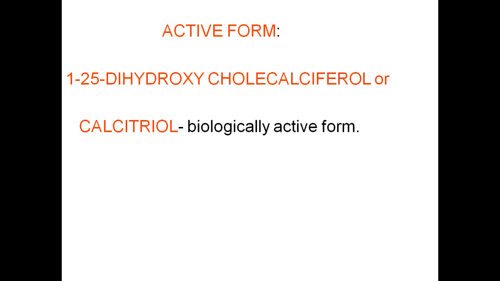Triol means three alcohol groups, three OH groups, are present in this cholecalciferol. So this is also called calcitriol. It is also called vitamin D3, cholecalciferol and calcitriol. Calcitriol is the biologically active form of vitamin D.